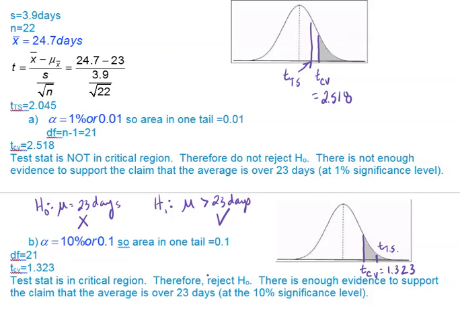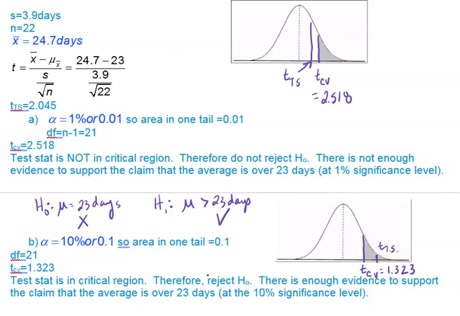This sort of thing is part of why some people think, oh, you can't trust statistics because you can manipulate them to how you want. And they think these two things are saying the opposite. But they're not actually. If you read the actual statements, it's saying there's enough evidence at the 10% significance level. In other words, we can be 90% sure that this is the case, that it is more than 23 days.